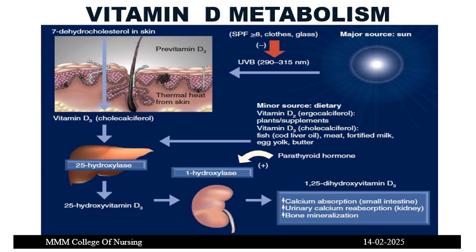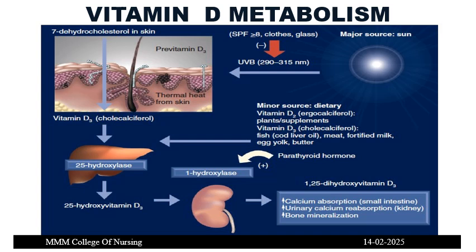The vitamin D is now called pre-vitamin D, that is 7-dehydrocholesterol in the skin. That is converted to vitamin D3, cholecalciferol, with the help of ultraviolet radiation.